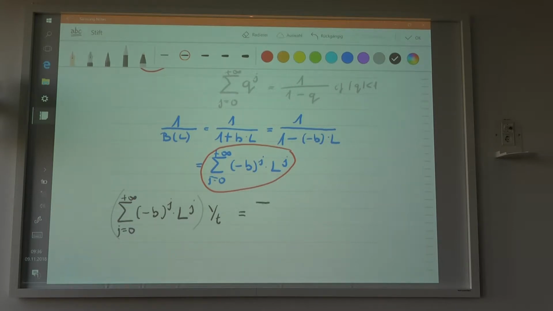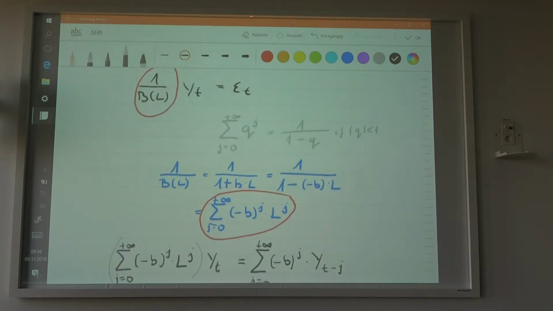That's how the lag operator is defined. So here you have negative b to the power of j times yt minus j, and that is equal to the noise.